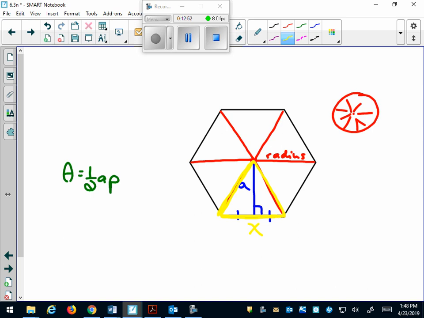How do you find the area of a triangle? 1/2 base times height, right? Okay, so this yellow triangle would be 1/2 base is x times height is a. I'm going to do the a first. So if I got the area of this triangle, but then I wanted the area of the entire regular polygon, what would you do?